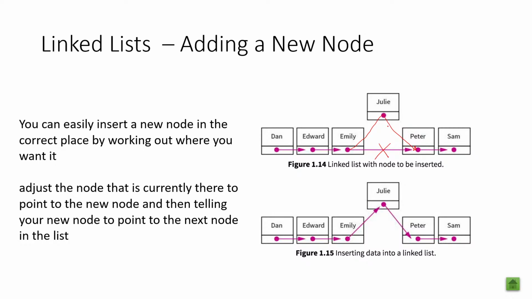If this was in your system, you would connect to Julie, connect to Peter, and then destroy the pointer. If you destroyed the pointer first, Peter and Sam would be lost forever. Because in computer science, in memory, we have something called garbage collection. It disappears. Off it goes.